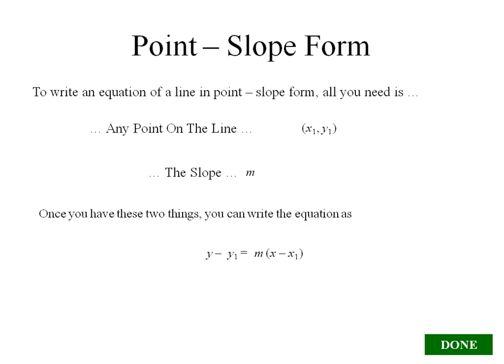Just reiterating, once you have these two things, you can write your equation of a line. Your point is x sub 1, y sub 1, and your slope is always represented by the letter m.